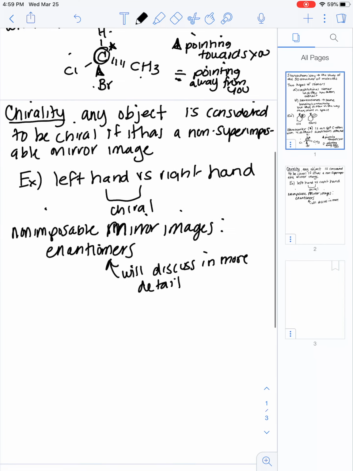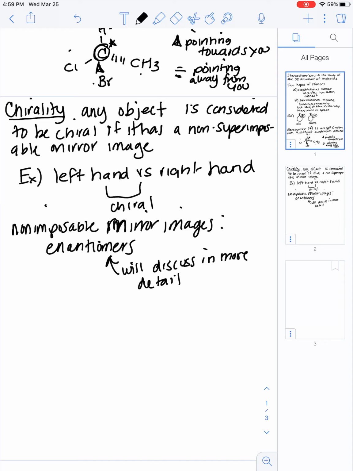Chirality is just telling us that we have 2 molecules or objects that have non-superimposable mirror images. An achiral molecule is going to have identical mirror images.